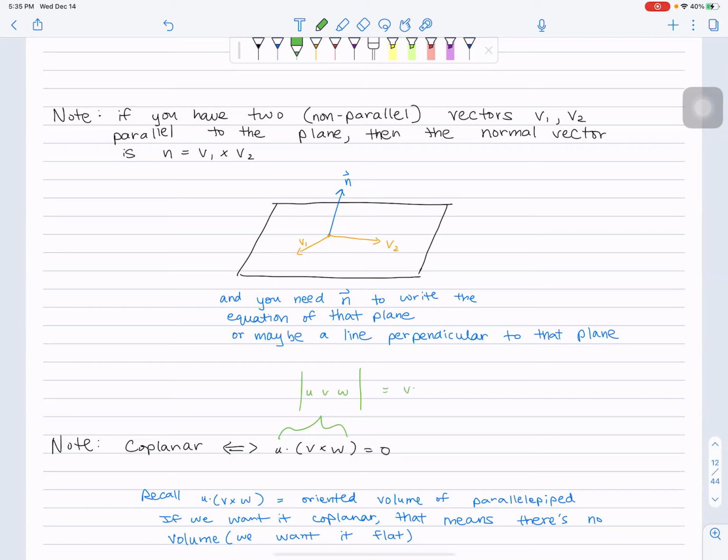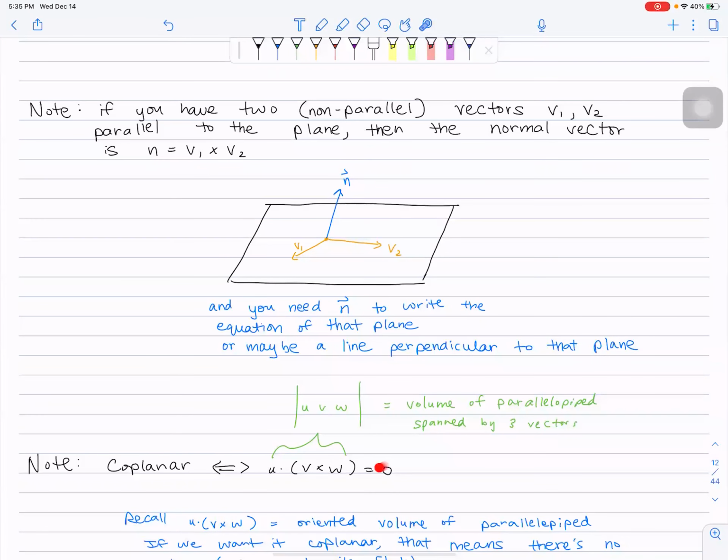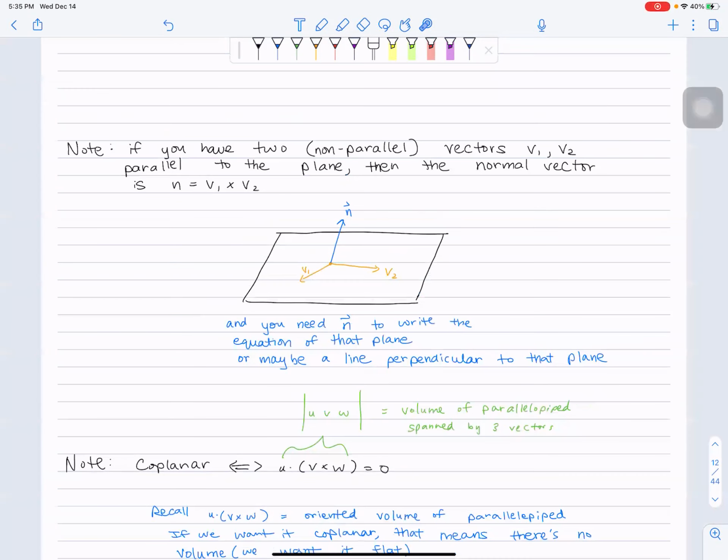That's calculating the volume of the parallelepiped spanned by those three vectors. So if you imagine the volume is 0, that means your entire thing is flat, there's no volume at all. So if the triple scalar product is 0, you know all three vectors are on the same plane. Okay.